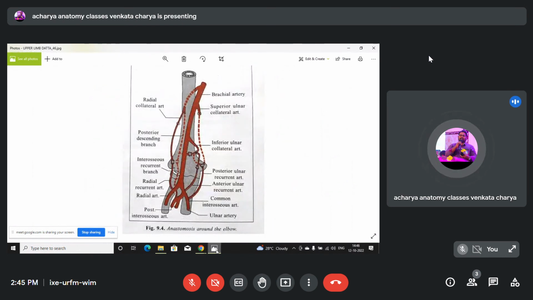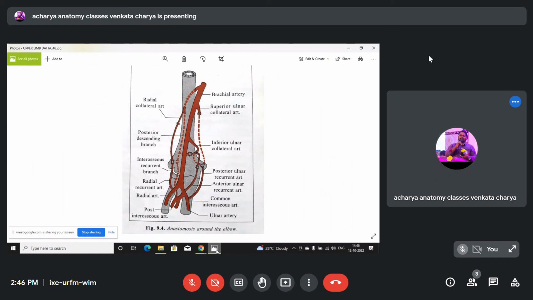This arteria profunda brachii gives two branches: number one is the radial collateral artery, and number two is the posterior descending branch.